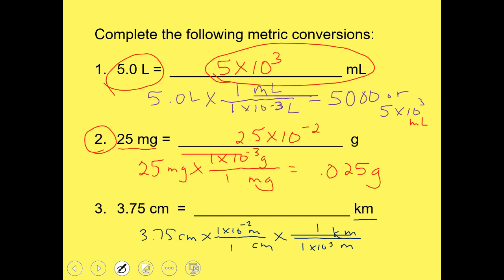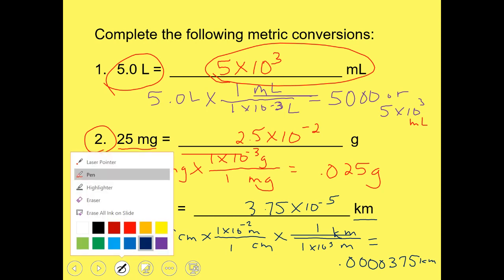So we are multiplying by 1 times 10 to the negative 2 and dividing by 1 times 10 to the third. As a result, I think we should have 4 zeros, 375 kilometers, and you might end up with that in scientific notation, which is fine as well.